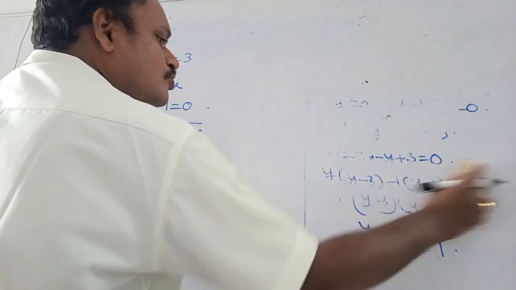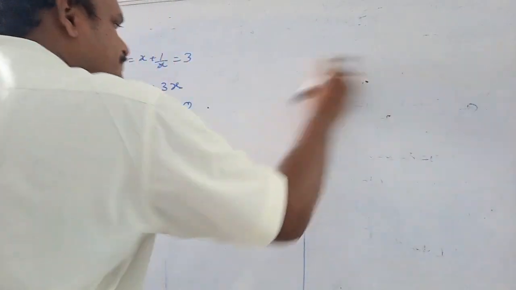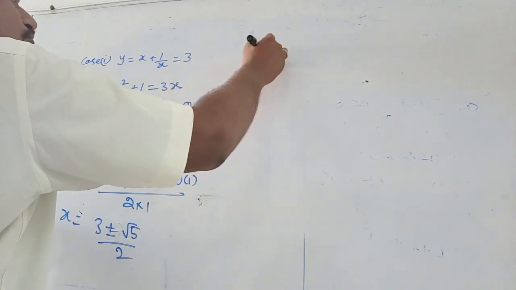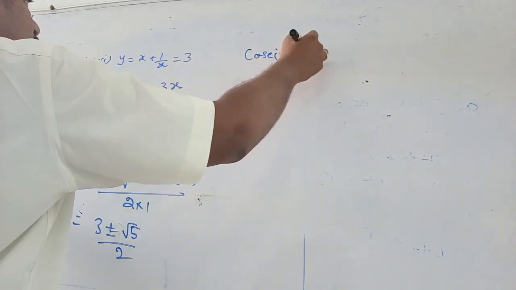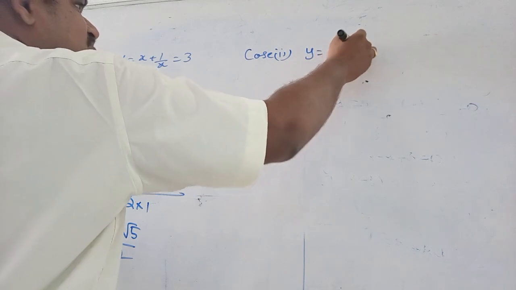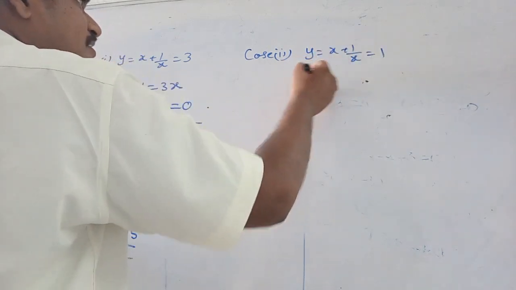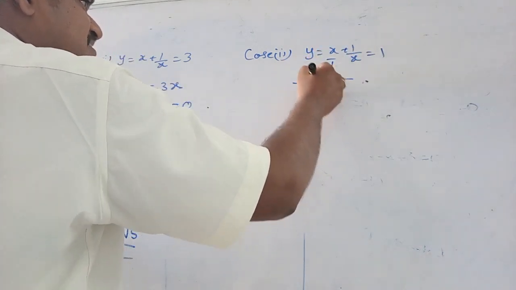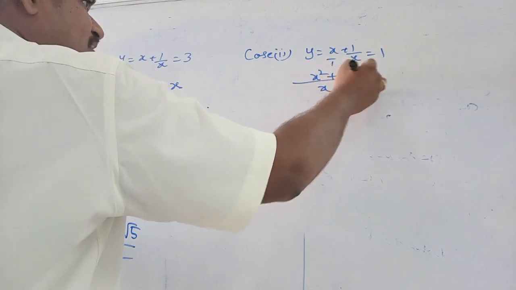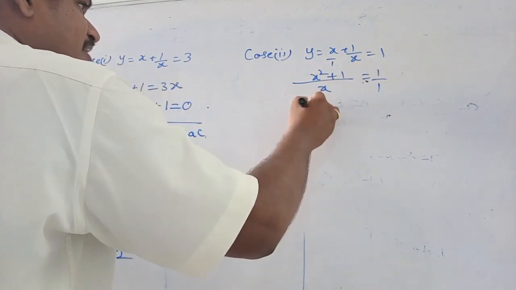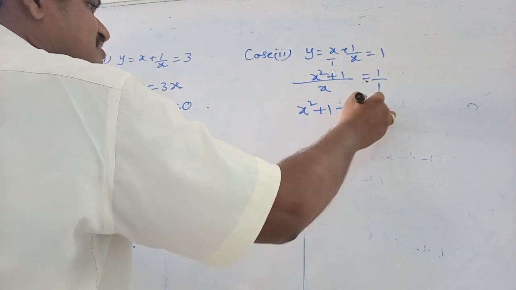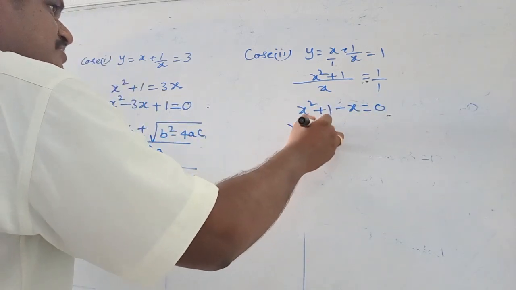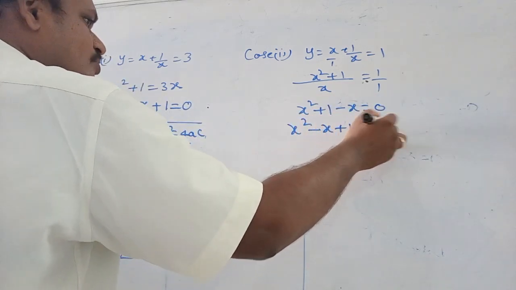And in the other case we are going to have y is equal to 1. Case 2, y is equal to x plus 1 by x is equal to 1. In this also, if you take the LCM, x square plus 1 is equal to x. Now x square minus x plus 1 is equal to 0.